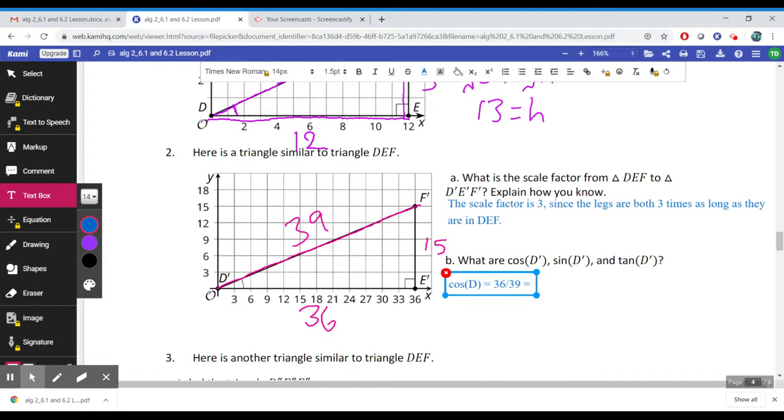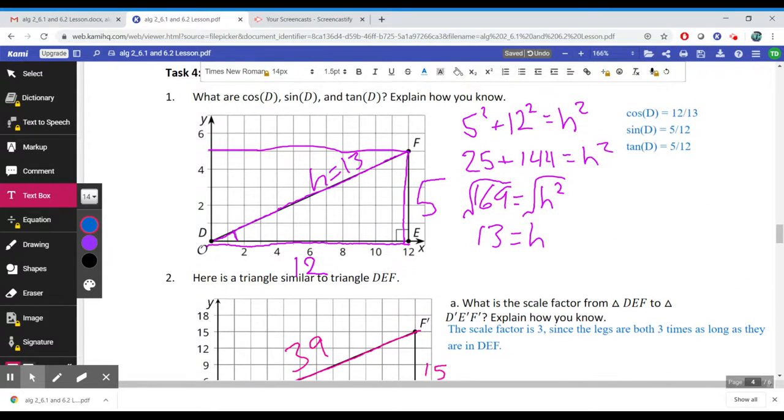And I know that 3 divides into both of these numbers evenly. 3 goes into 36 12 times, because 12 times 3 equals 36. And it goes into 39 13 times, since 13 times 3 equals 39. So I can simplify that as 12 over 13.